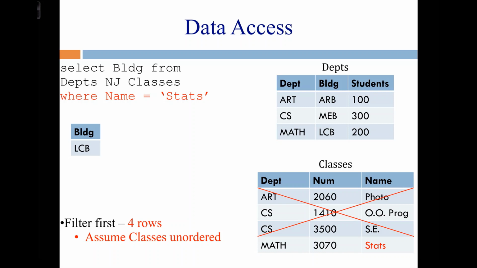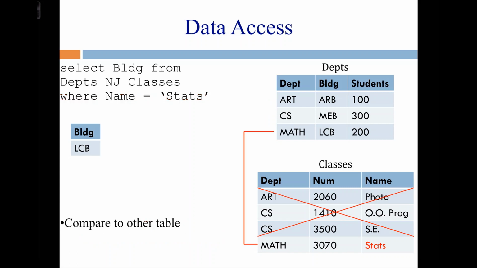But then the departments table is ordered by department. And that's the thing that we need to look up something by. Once we've found the math department for the stats class, we now need to just find some row where the department is math. So we could do a binary search or something. So that's going to be maybe 1 or 2 rows depending on how the binary search works.